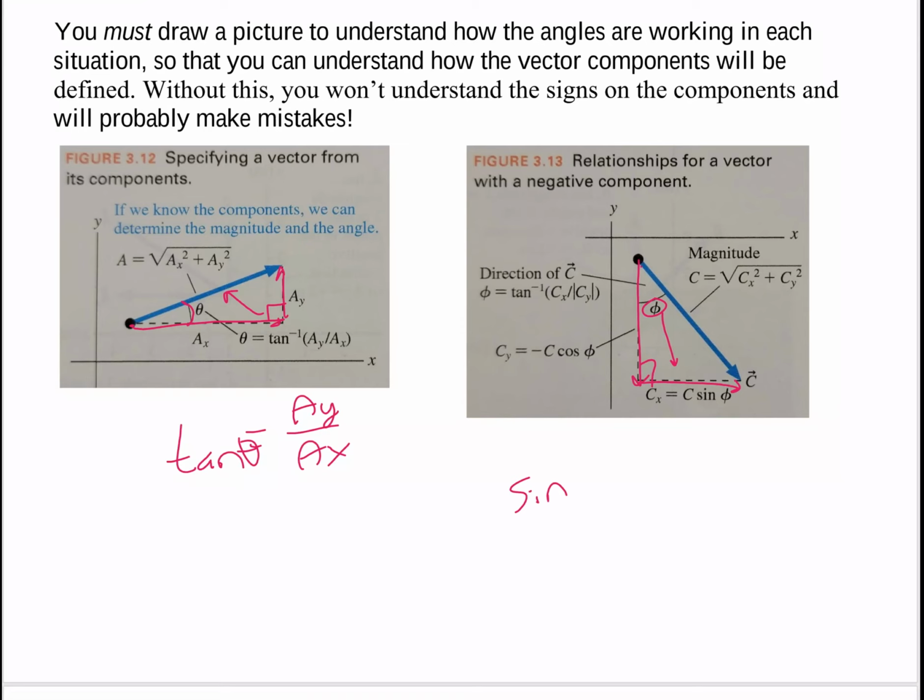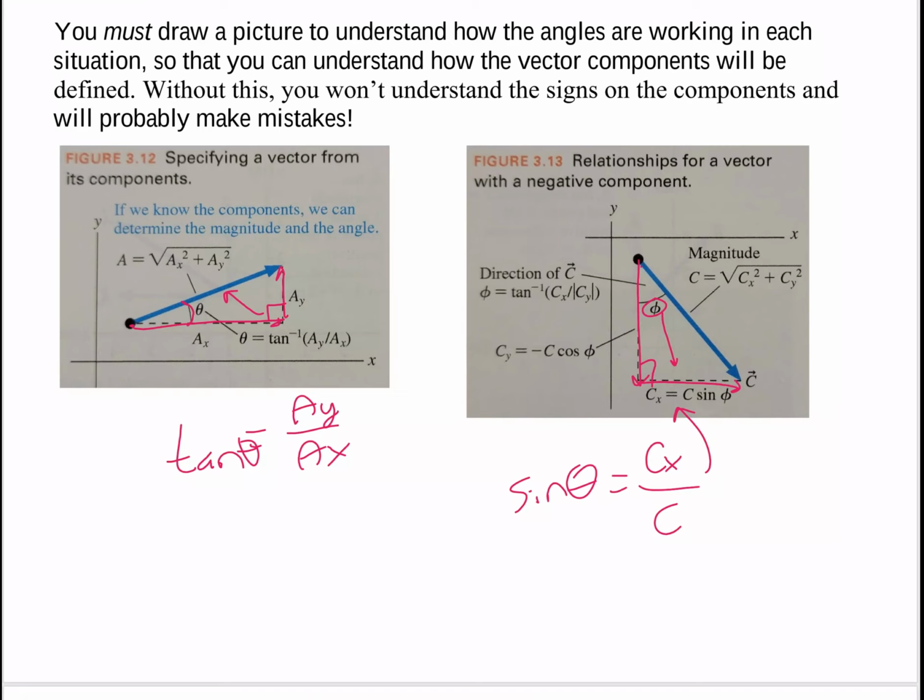So sine theta equals the opposite side, which is my x component, c sub x, over the hypotenuse, which is c. So then c sub x equals c sine theta. Okay? So notice this time the x component is using sine. That's why you got to draw the picture. You can't assume it was a formula that's always going to be true.